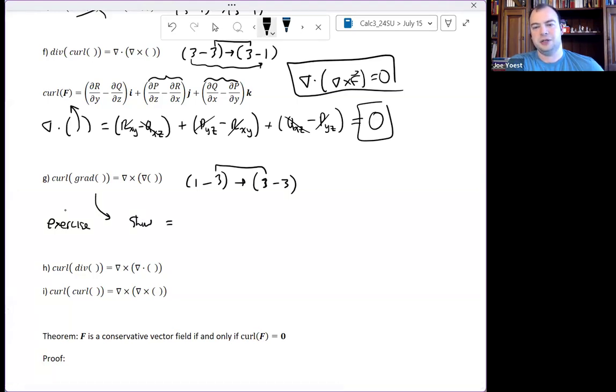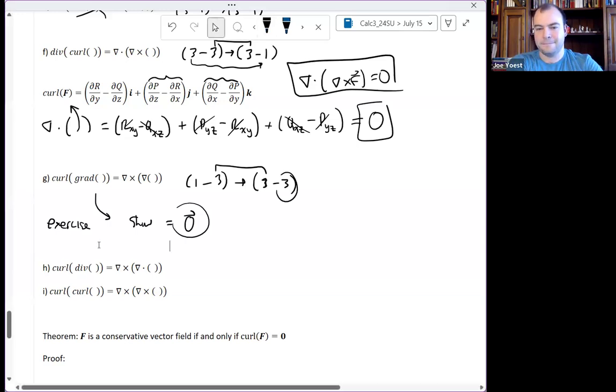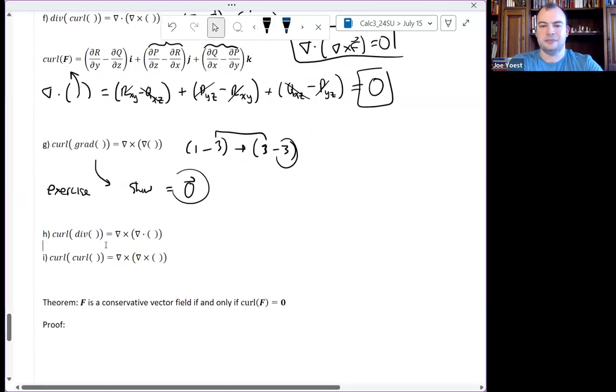As an exercise, show that this always equals the 0 vector. It's not that bad to do. But remember, the curl, what we're getting out is a vector field. This vector field will always be the 0 vector field. It'll have 0 in each of the 3 components. So we can do this. This does make sense. But again, always gives us a 0 vector.